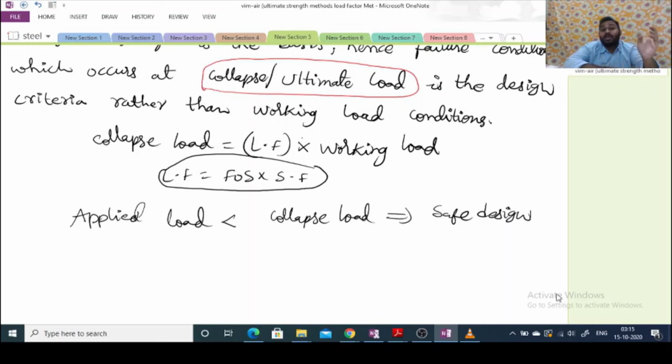In the explanation of the usage of the three code books in the design of steel structures, that is IS 800, IS 875 and IS handbook number 1, I used an axially loaded member as the example to explain how to make use of these three code books. And here I am going to make use of a beam as an example to explain how we are going to design by plastic method or plastic design. Is that okay?